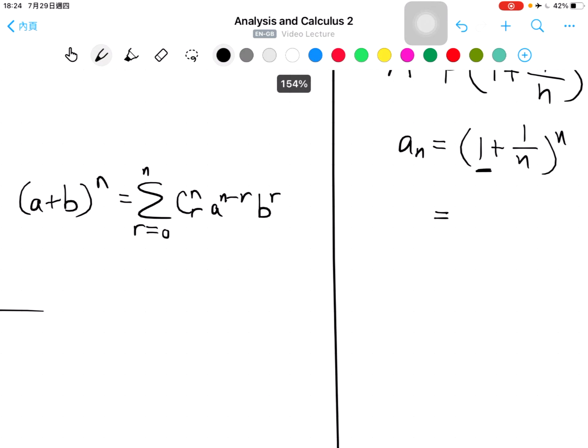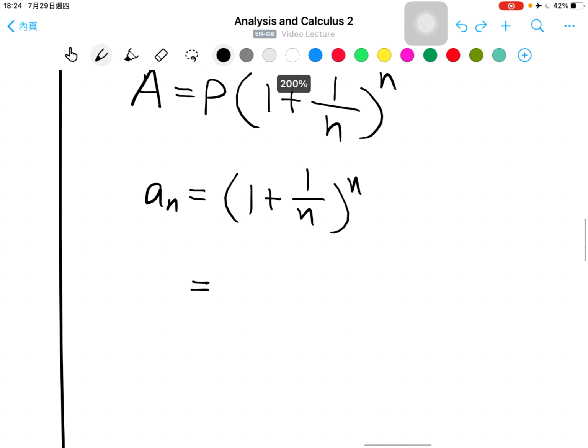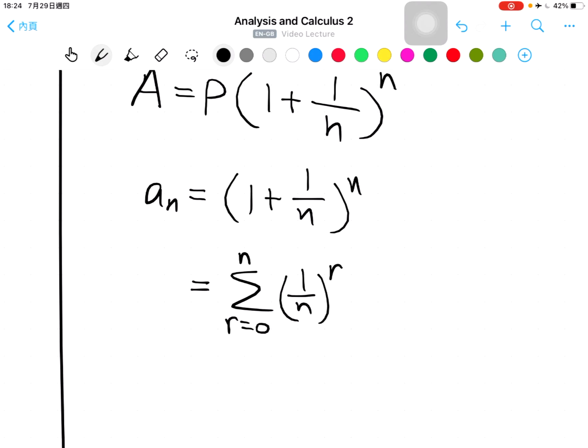Now our first term here is 1. 1 raised to anything is just 1, so we're going to ignore the 1 here. This leaves us with 1 over n to the r, times, don't forget, we have to multiply that by nCr.